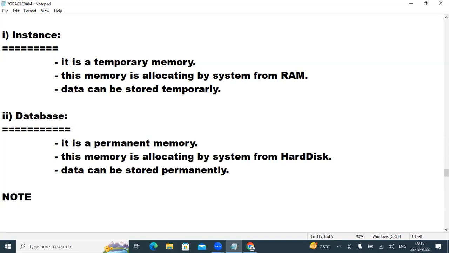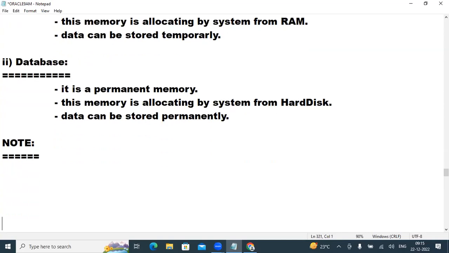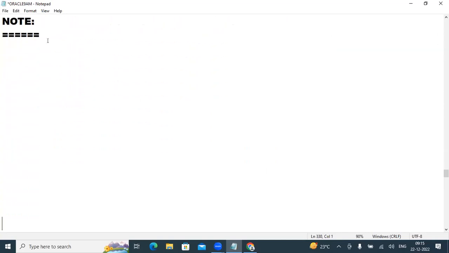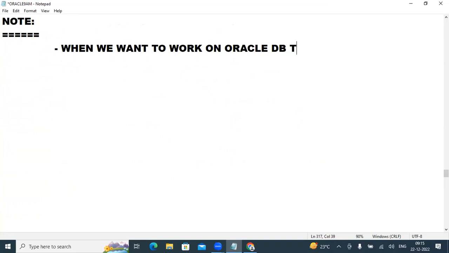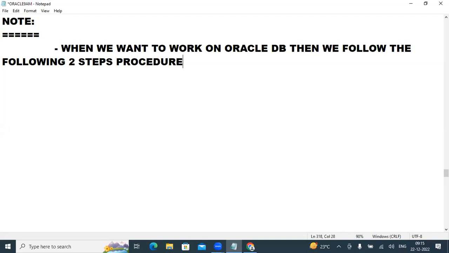When we want to work on an Oracle database, we follow a two-step procedure here.